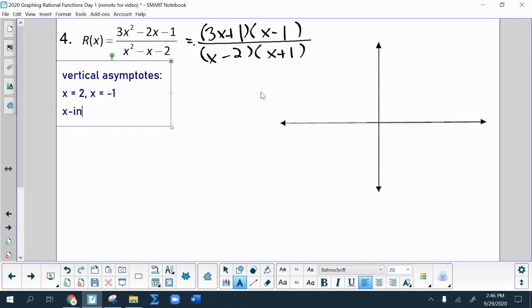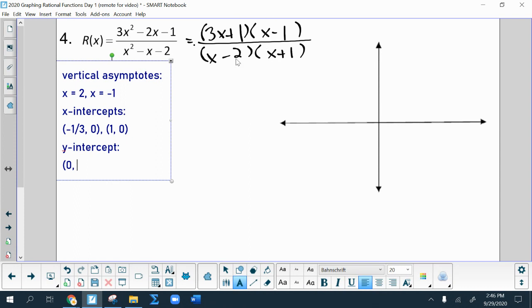And my x-intercepts are -1/3, 0, and 1, 0. Now I can go ahead and find my y-intercepts. Well, there's only one, right? So y-intercept of 0, comma.